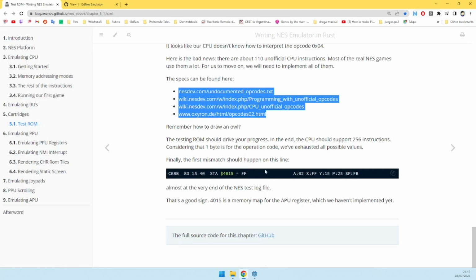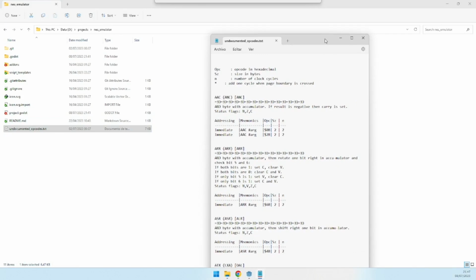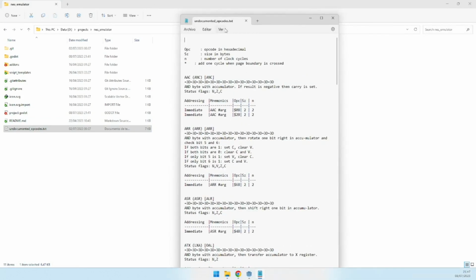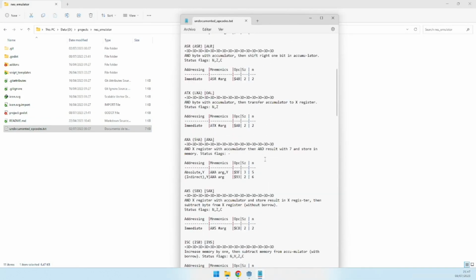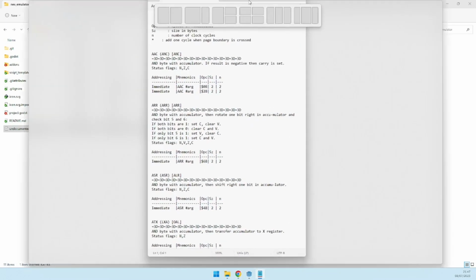Right now we are using this little file as documentation, and we are deleting the instructions while we are implementing them.